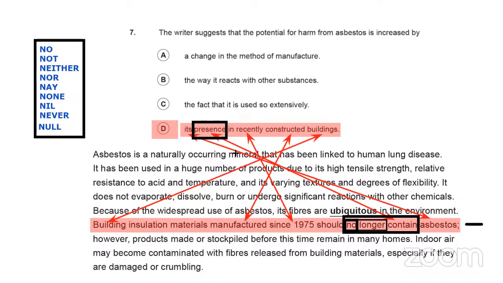Its presence in recently constructed, this is a positive sentence. Presence is positive. Contain is the synonym. He has used a synonym.